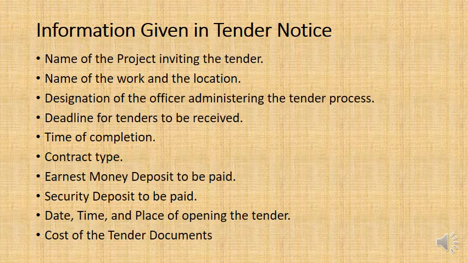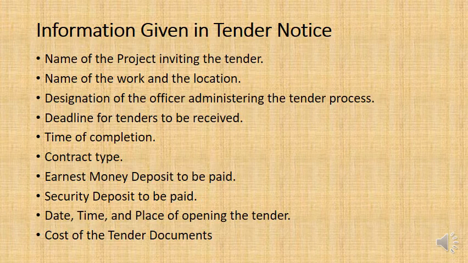But that is to be mentioned in the tender documents, in the tender notice. It's also got to be the date and time and place of opening the tender. Basically, you're explaining how the tenders will be evaluated, the where, why, and how, and when, and also the cost of the tender documents.